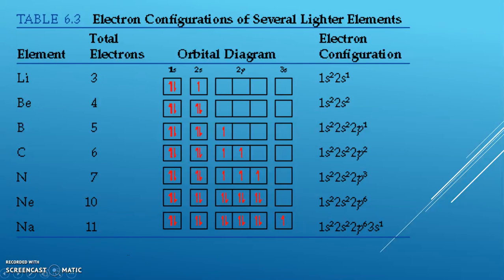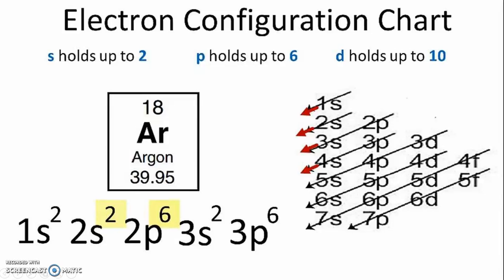So, ending with an easier to read example, here we have an electron configuration. Again, this comes from using my Aufbau principle. The s orbital holds up to 2 electrons because there's 1 blob, and each blob can hold 2 electrons. Or it's like saying there's 1 seat on the bus, and each seat holds 2 students.